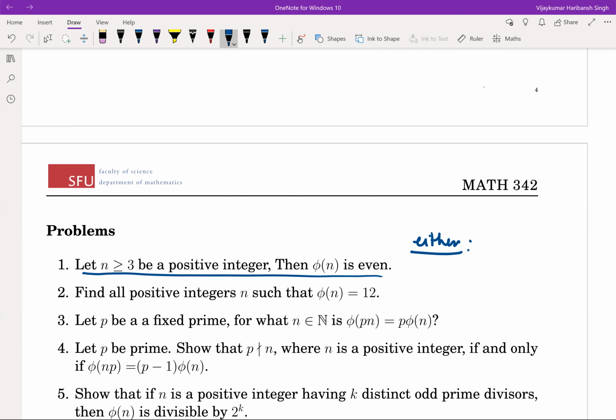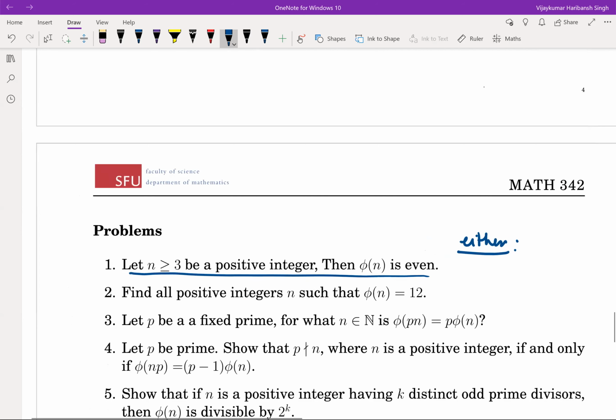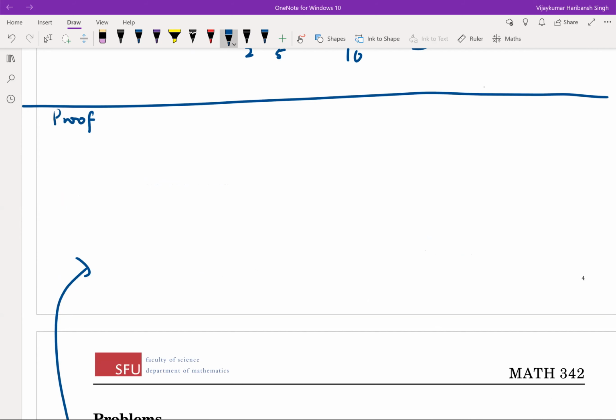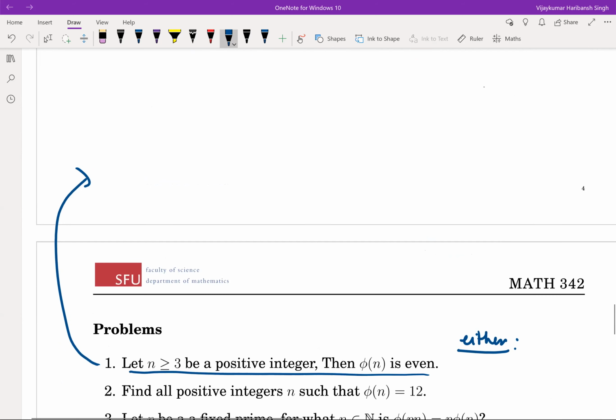So let's prove this. Proof of what? That if n is greater than or equal to 3 is a positive integer, then phi of n is even.